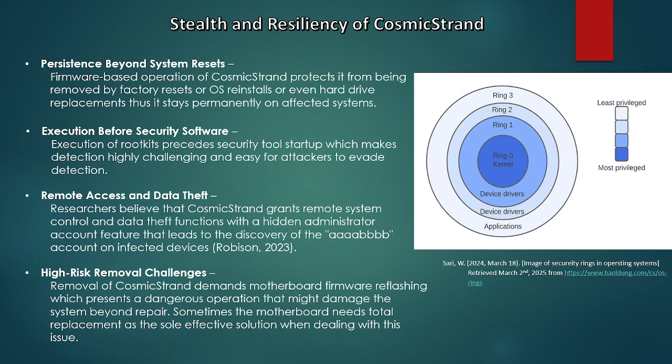Several signs indicate CosmicStrand provides distant system control and data theft functionality while generating concealed administrator accounts like AAAA, BBBB, an account detected on an infected machine. This is often how people know they're infected with CosmicStrand.